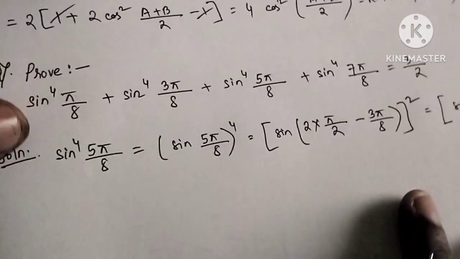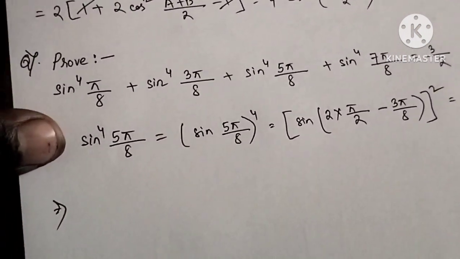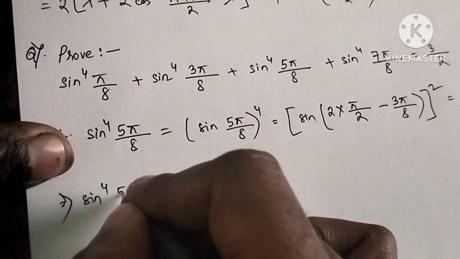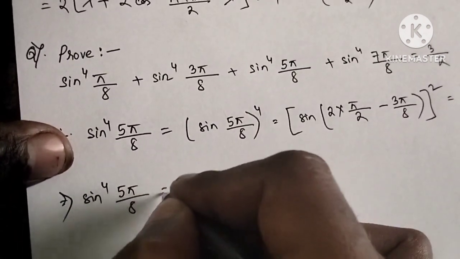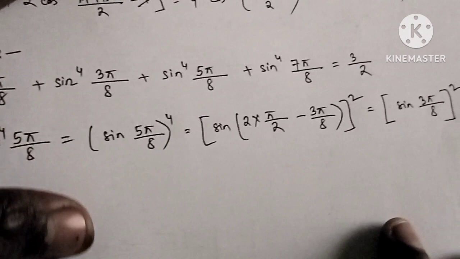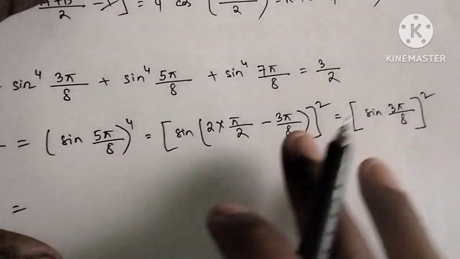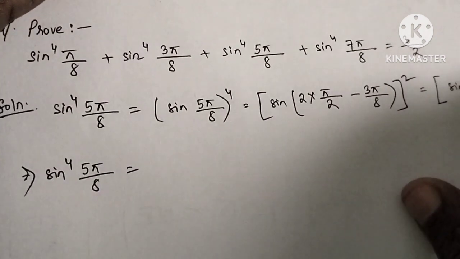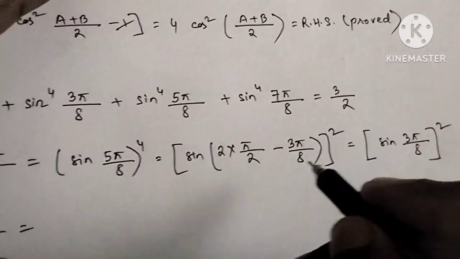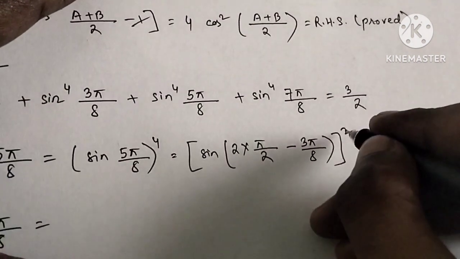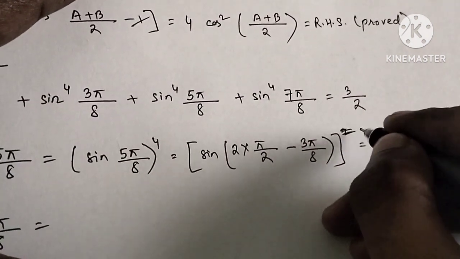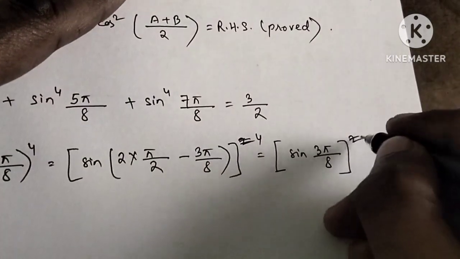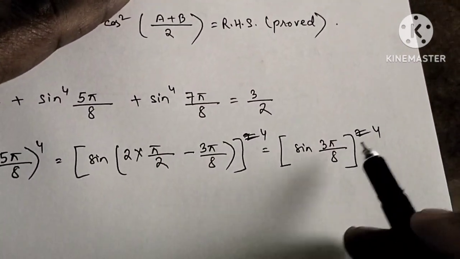Okay, so sine to the power 4 5 pi by 8 can be written in this way, sine square. It is not square actually, it is to the power 4, isn't it? To the power 4.